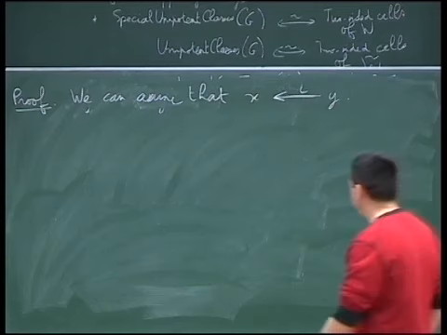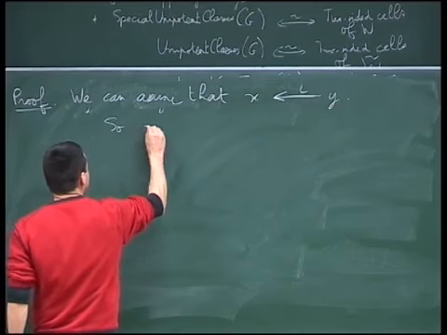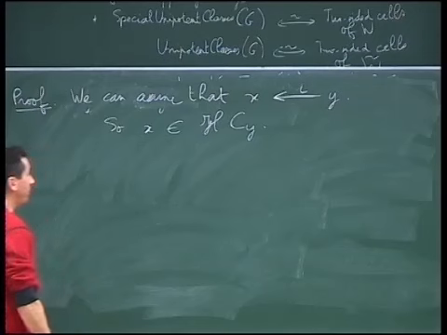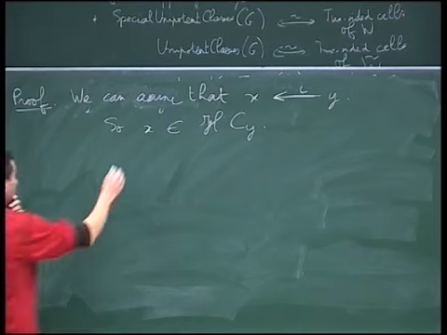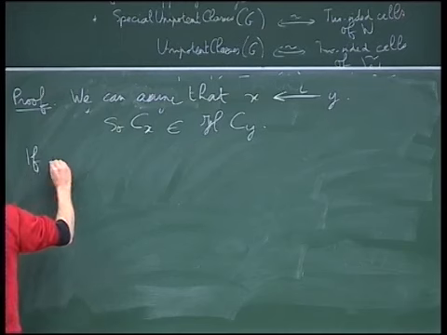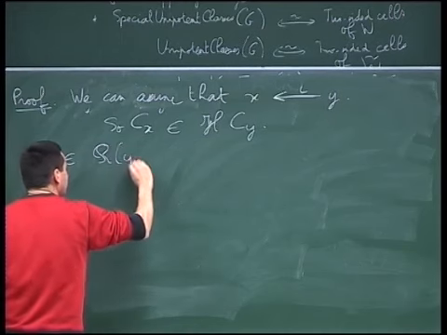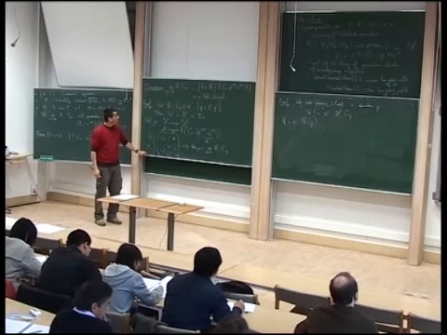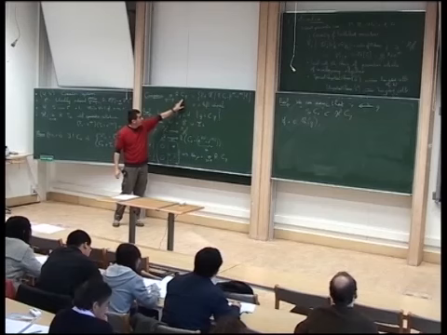In other words, Cx belongs to the left ideal generated by Cy. But if s belongs to the right descent set of y, this means that ys is less than y, then the left ideal generated by Cy.